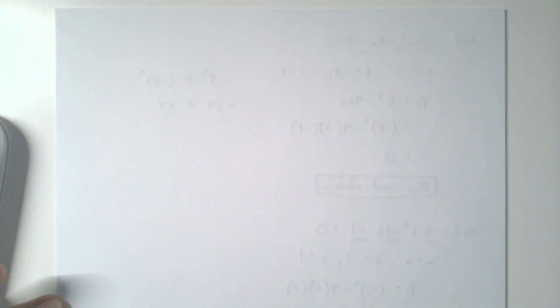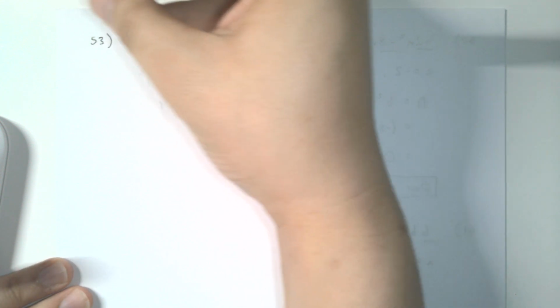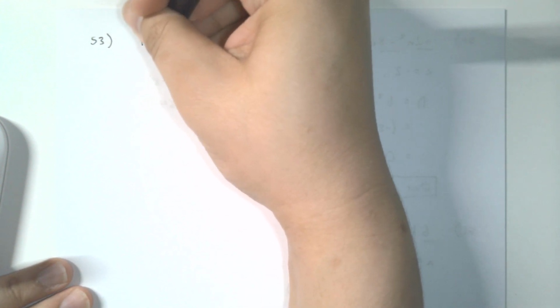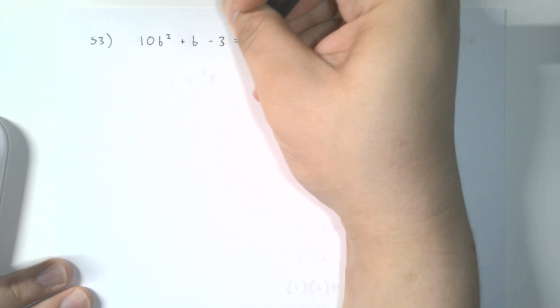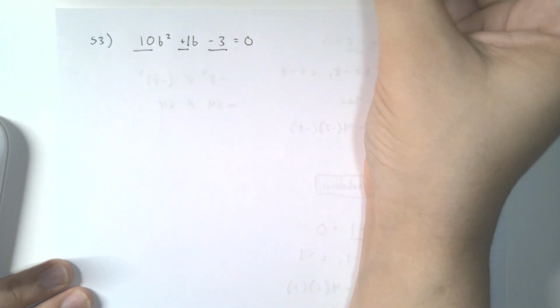Let's look at number 53. So for number 53, we have 10b squared plus b minus 3 is equal to 0. Identifying a, b, and c, we have an implicit 1 right here.